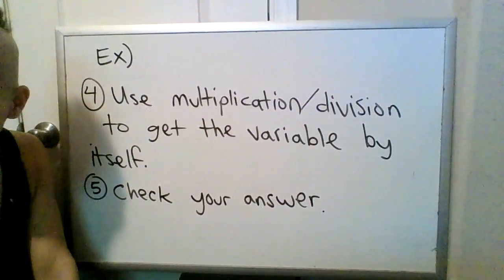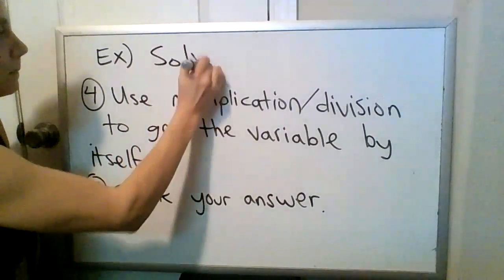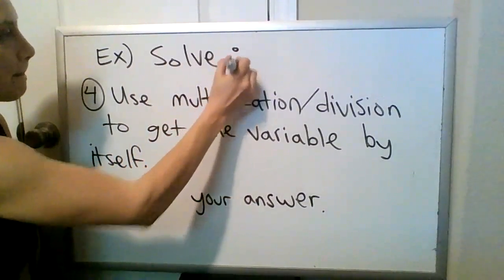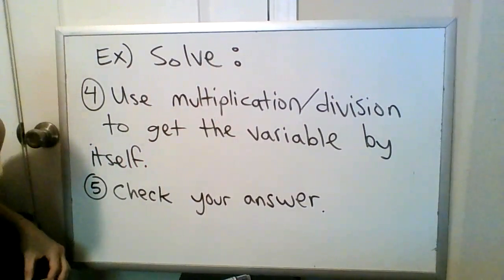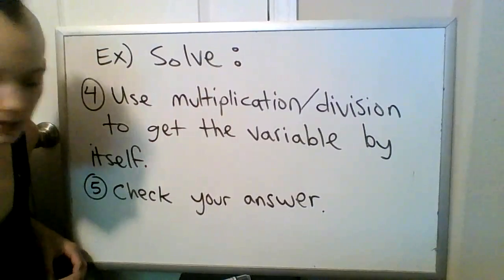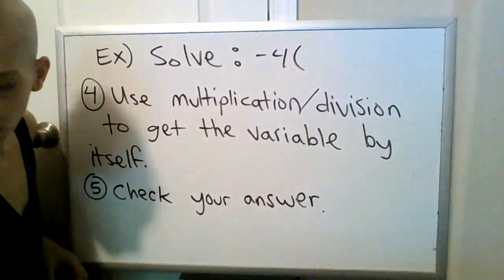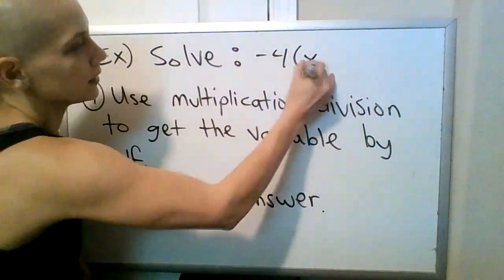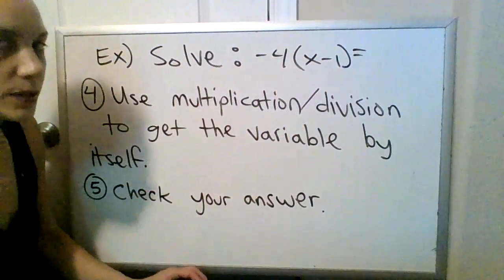So we're going to solve -4 times x minus 1 equal to 3 minus 2x.